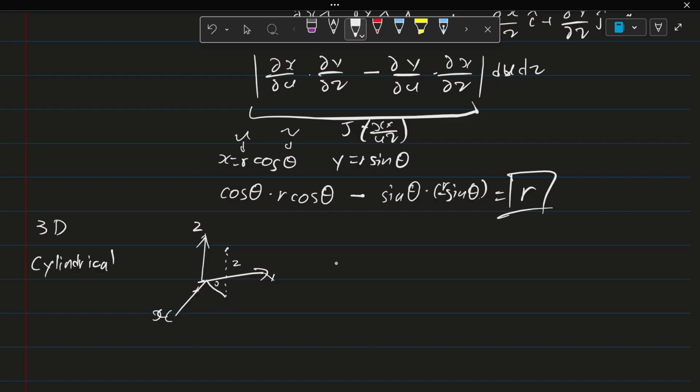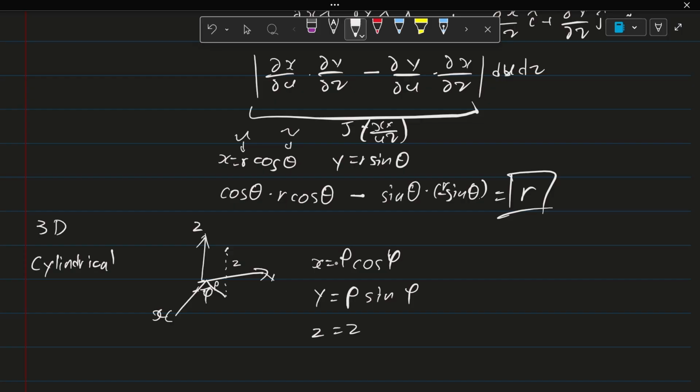This is rho, and then the angle from here to here, we'll call phi. So it's pretty much the same idea as before. Your x equals rho cosine phi, your y equals rho sine phi, and your z equals z.